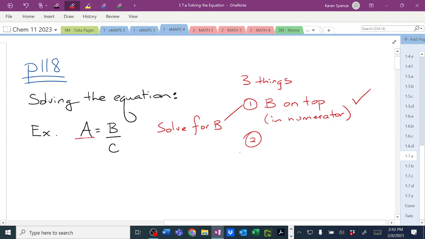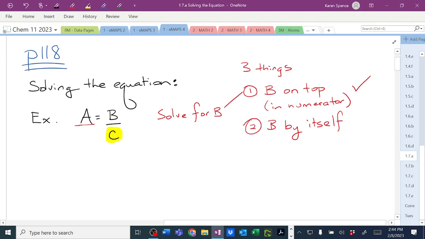We need also to get B by itself. Is it by itself? No. Who's cluttering up the B? That would be C. C is messing up the B. B wants to be all on its own on one side.